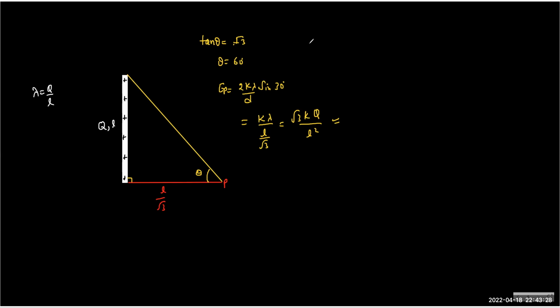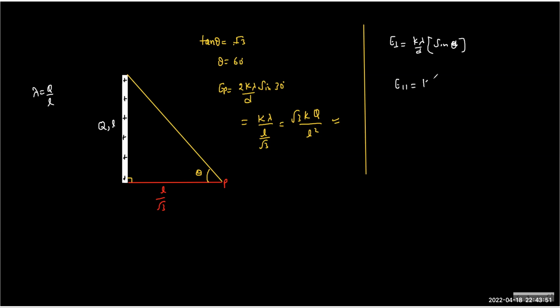Or if you try to solve by the component method, it will be a bit lengthy. So the E perpendicular will be k lambda by d, and then sine alpha plus sine beta, but alpha is only theta, so this is sine theta. The other angle is missing, right?